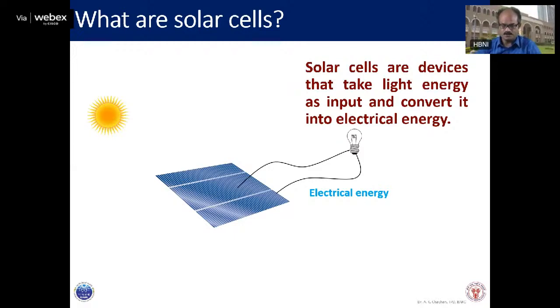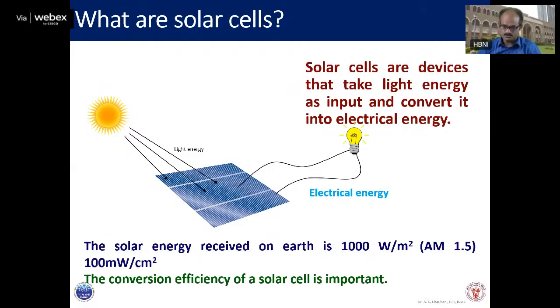So suppose you have the sun, and light energy is received at a certain device, and the device converts it into electrical energy. That device is called a solar cell. The solar energy received on the earth is about 1000 watt per meter square, or 100 milliwatt per centimeter square, which is the AM 1.5G standard.